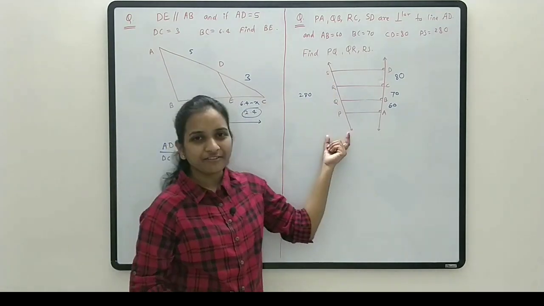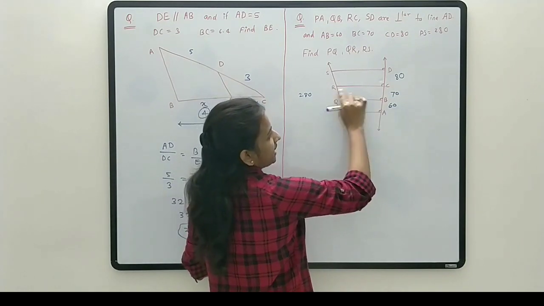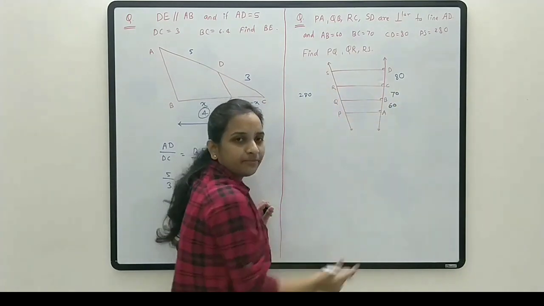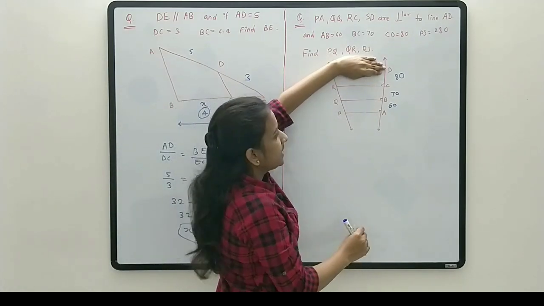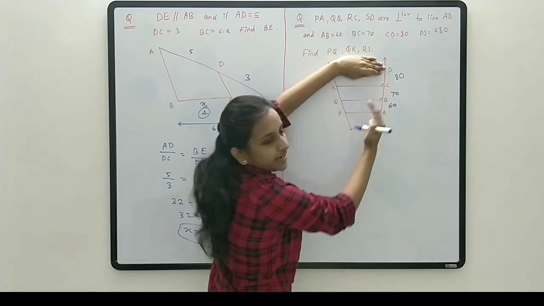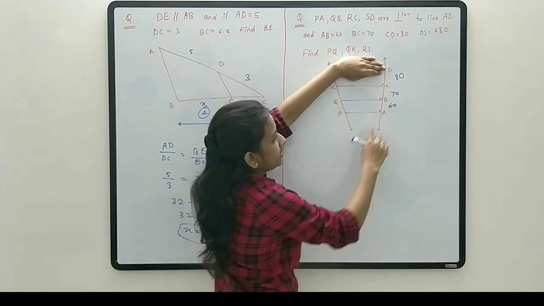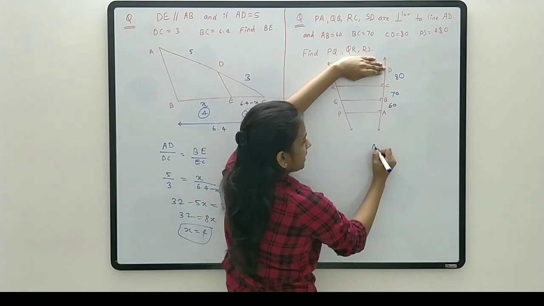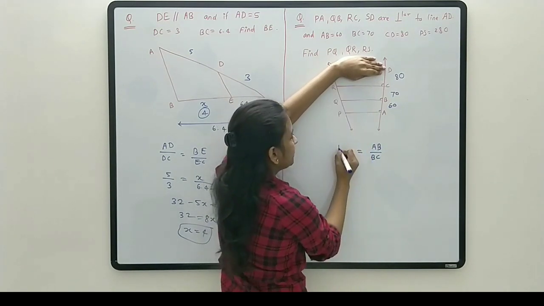Okay, now let's use our property here. See, PA, QB and RC. Let's take 3 parallel lines. Okay, only consider these 3 parallel lines. Then the intercepts made on these transversals are in equal ratio. Now from this we can say AB upon BC is equal to PQ upon QR.